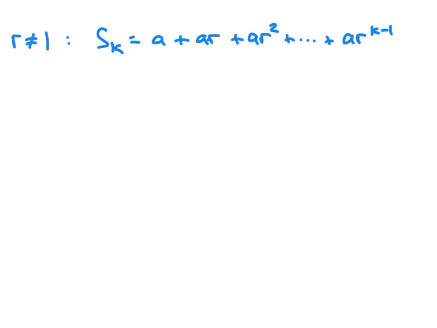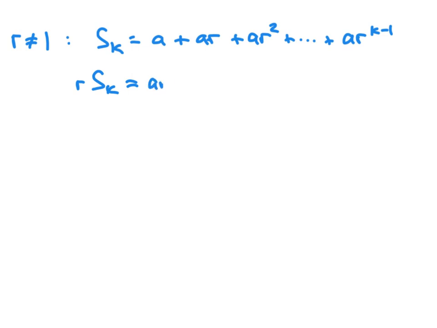What we're going to now do is we're also going to consider the expression r times s sub k. So we're going to multiply this sum by the number r. When we do this, this amounts to multiplying each of the terms on the right side of our equation at the top of the screen by r.